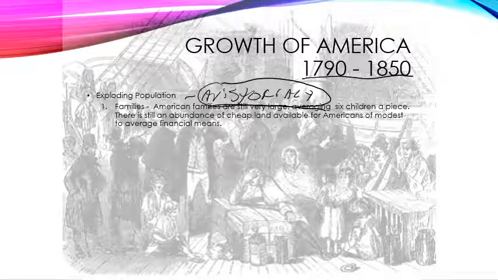We're also seeing very large American families during this time, right? American families are still very large, averaging about 6 children apiece. There's lots of cheap land available, and people of modest to average financial means are able to get land. People with more means can get more land. People with modest means can at least get some land, can go out and get an acre or two and plant a farm and make a little money and get by that way.